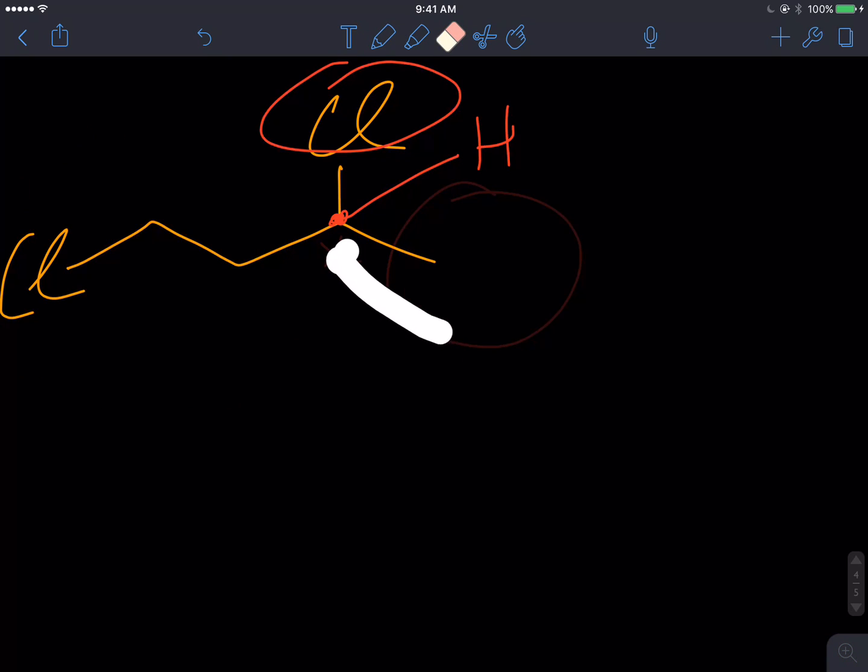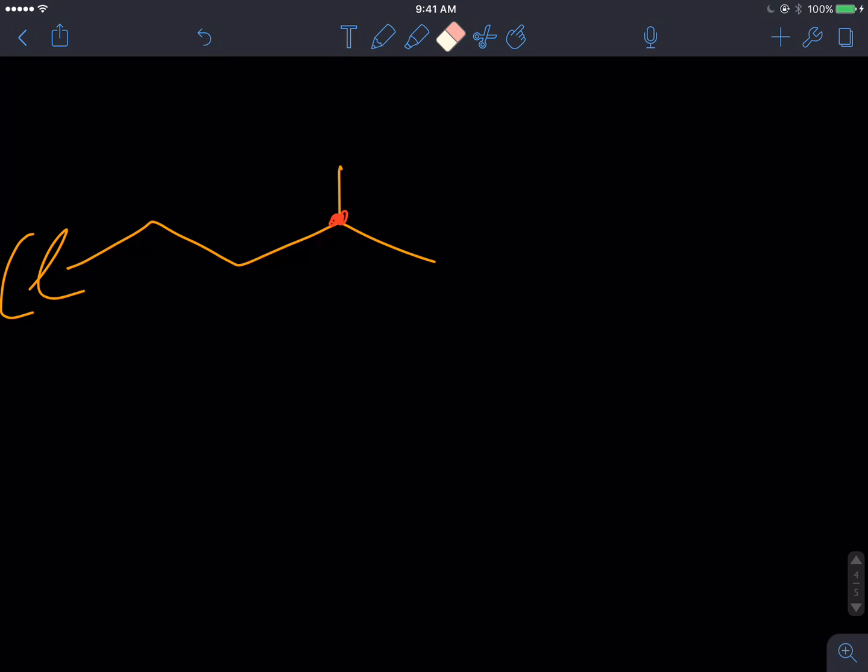And now we look at this carbon right here, which is not chiral because we have two of the same group, the hydrogens. So it's not chiral. How about this?